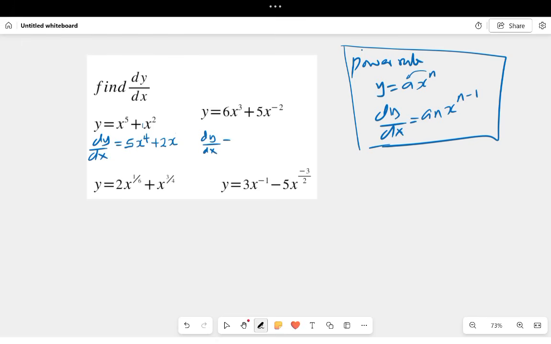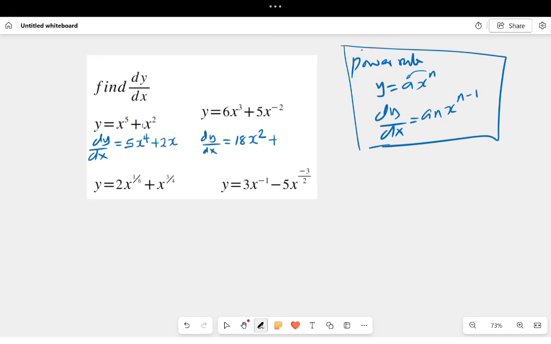All right, the next one, dy over dx. For this one is going to be 3 times 6 is 18x, now x to the power 3 minus 1. 3 minus 1 is 2. So 18x squared plus negative 2 times 5 is going to be negative 10.